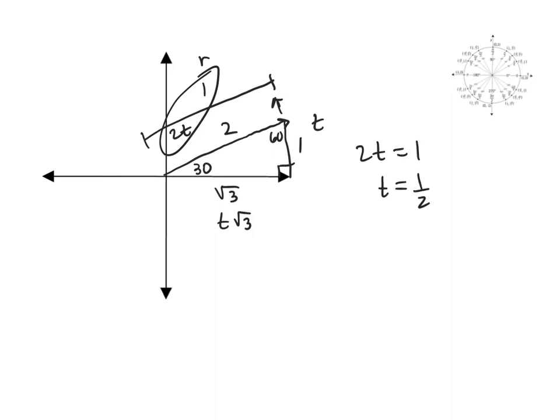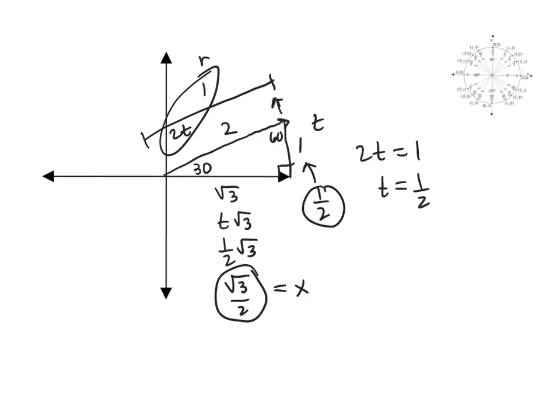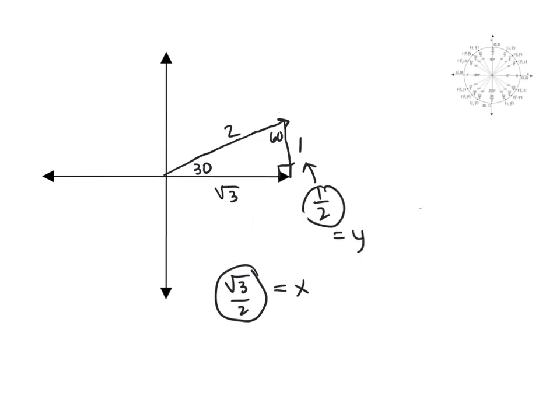T is 1/2. So this length here is 1/2 root 3, or we could say root 3 over 2. That is the x. And this length, remember t is a half, ends up being a half. And so that is the y of a half.